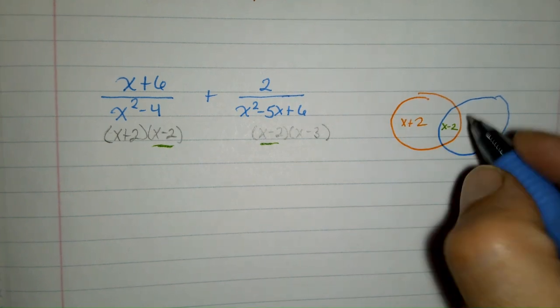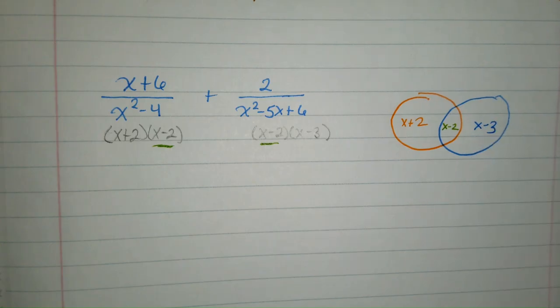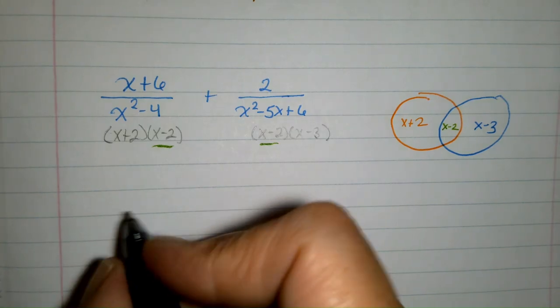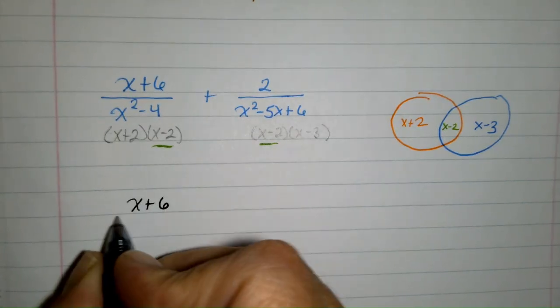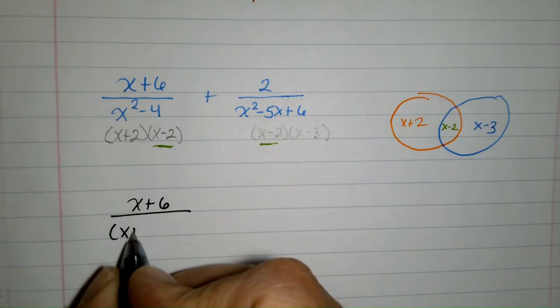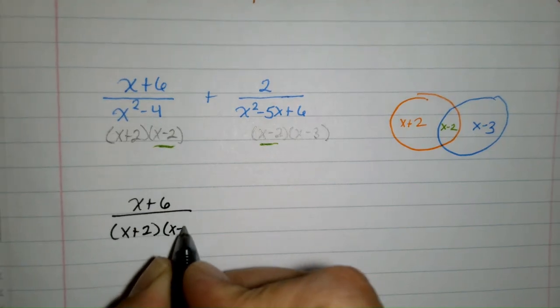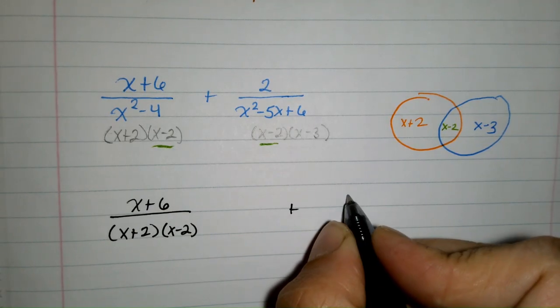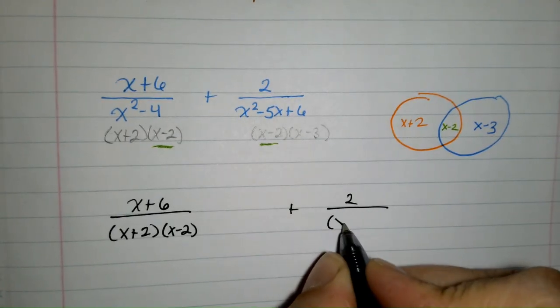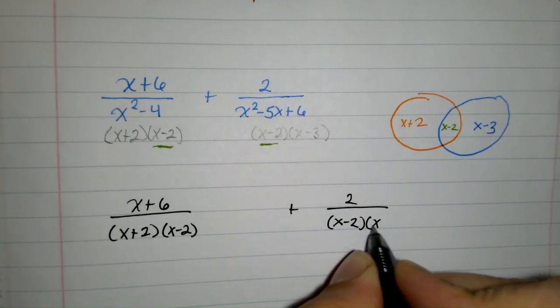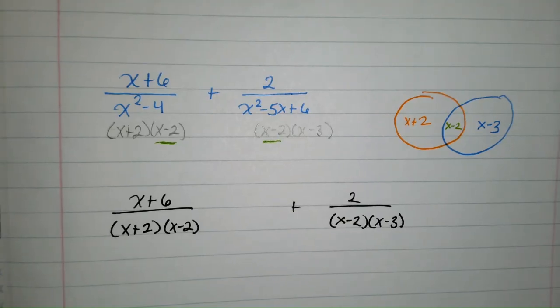The blue circle also has an x minus 3. So there's our common denominator. So x plus 6 is currently over (x plus 2)(x minus 2). And 2 is currently over (x minus 2)(x minus 3). All right, what is missing from our orange circle?